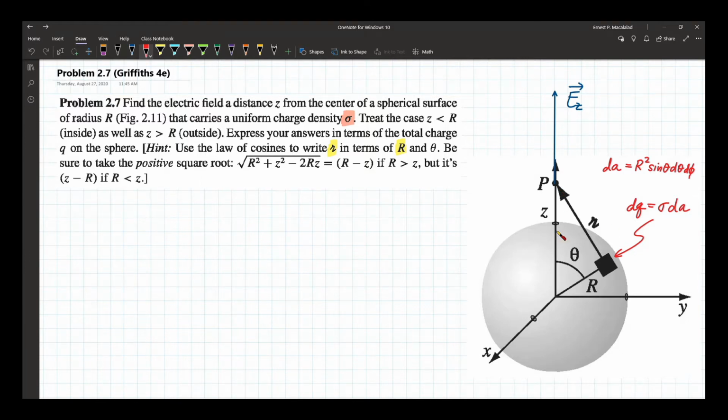Now, here we have a triangle. This triangle: z, capital R, script r.